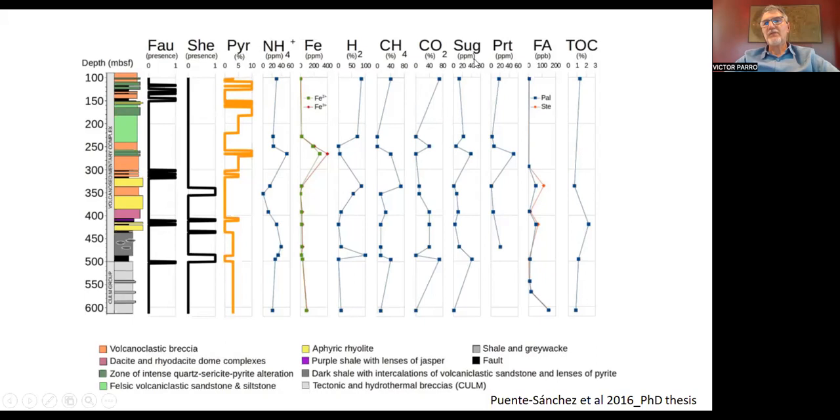We also determined the total amount of sugars, proteins, even the total organic carbon. We couldn't detect any specific pattern in these drills, but it was kind of heterogeneous.